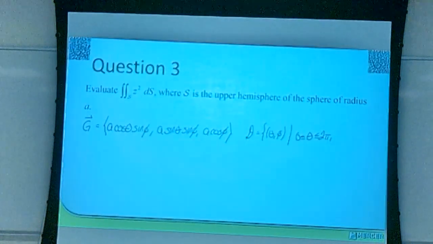Upper hemisphere means theta is 0 to 2 pi, but phi will go 0 to pi over 2. Right, and then the norm of the normal is a squared sine phi.